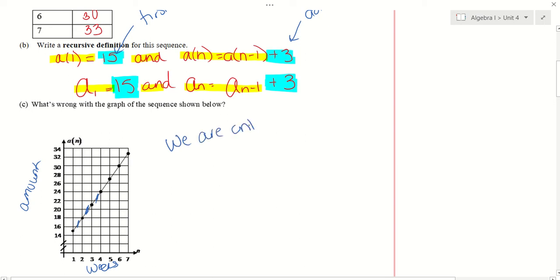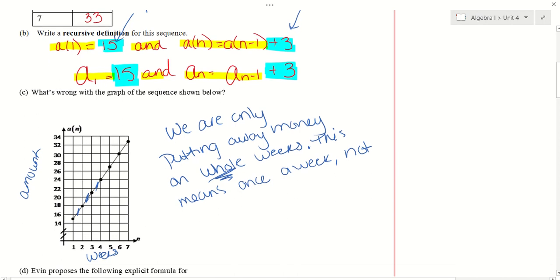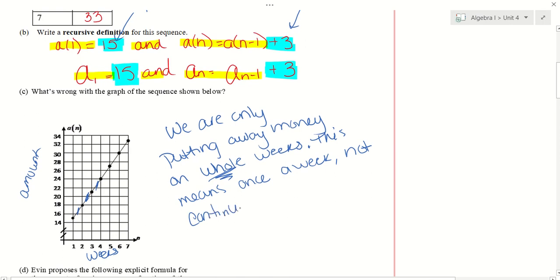We are only putting away money on whole, that's the important part, weeks. This means once a week, not continuously like the graph illustrates.